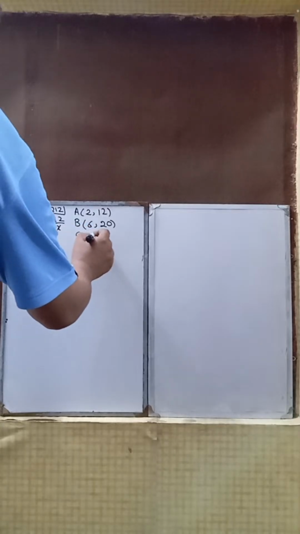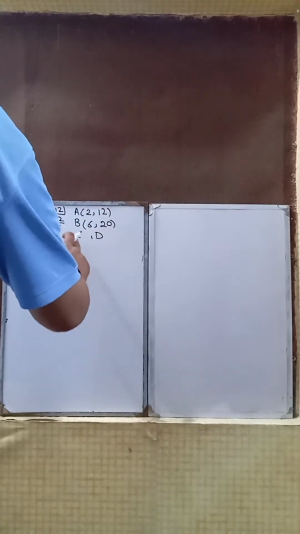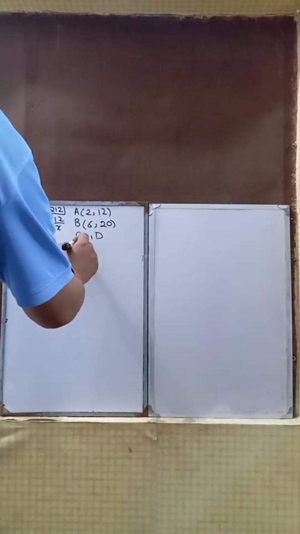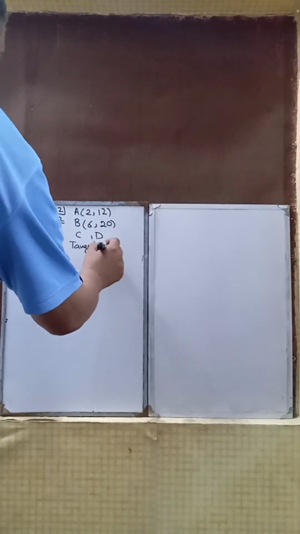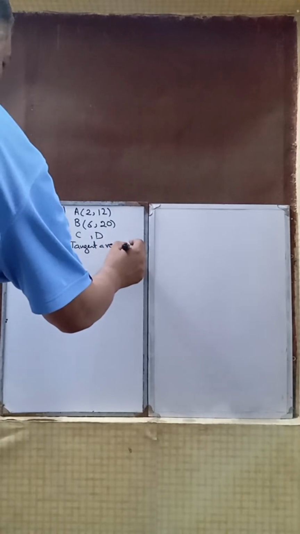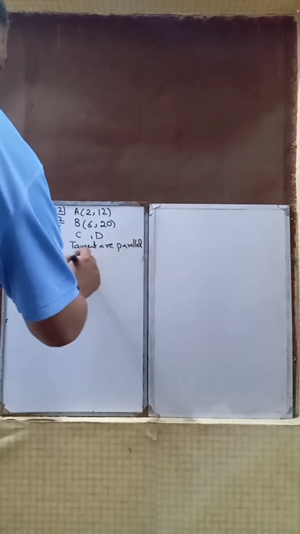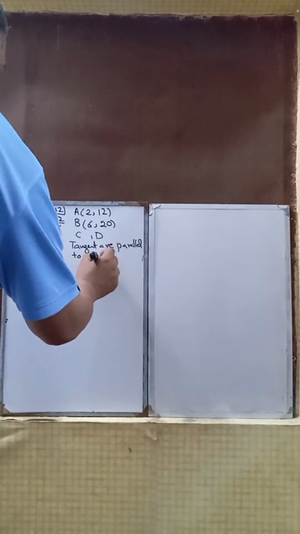Give your answer in exact form. So there are some points, one point is C, the other point is D, and the tangents at C and D are both parallel to AB.